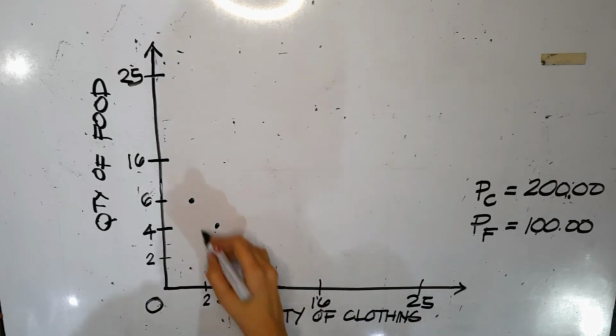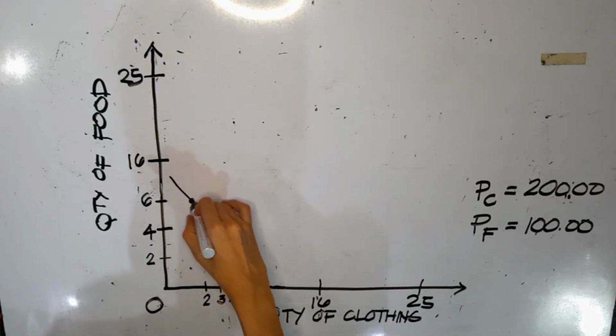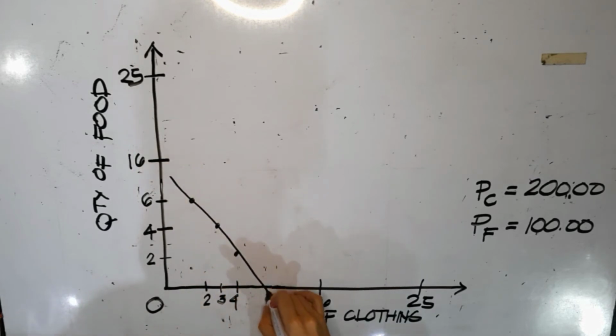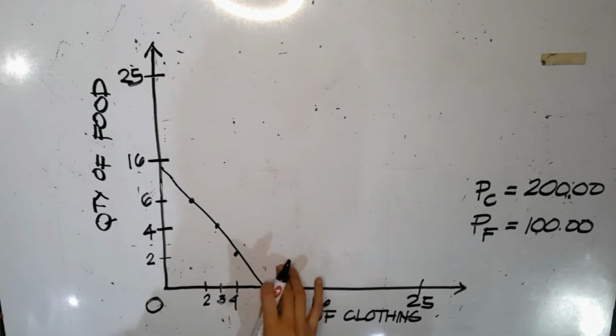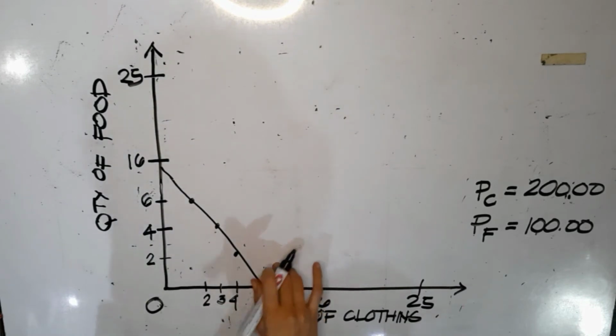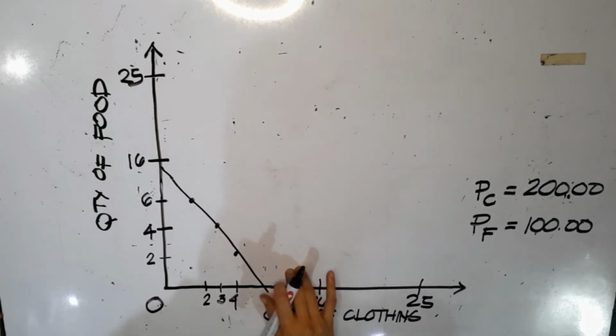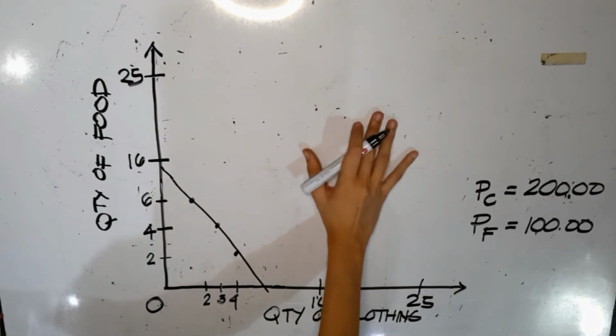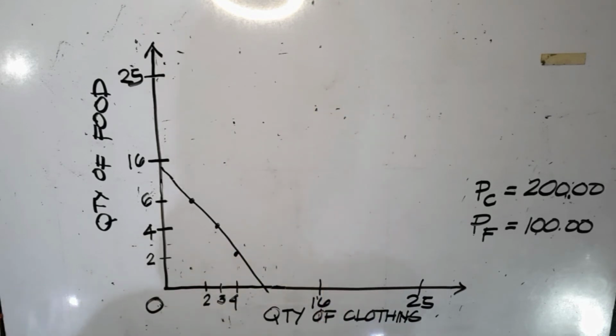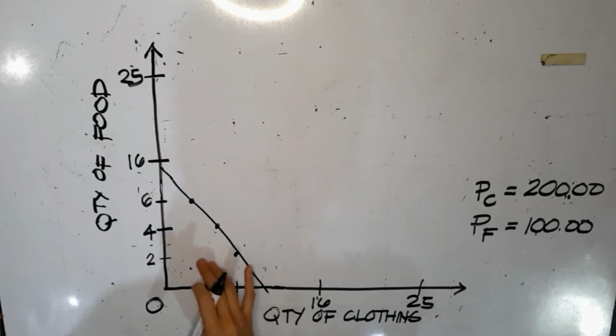Okay? So this line right here is your budget constraint. Meaning you shouldn't go beyond this line, or else you would exceed your budget, your income of 1,000.